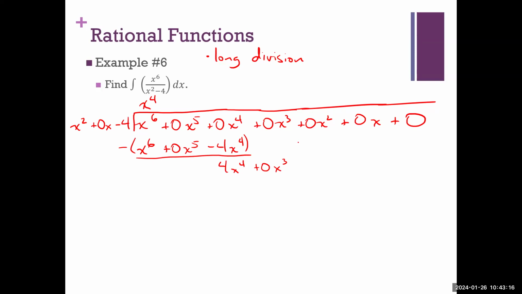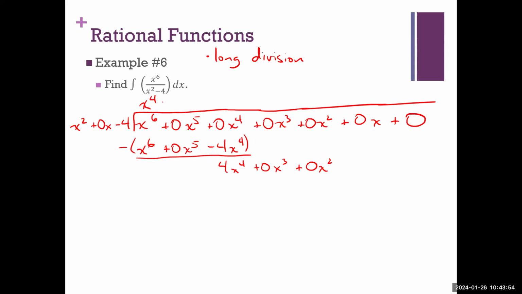All right, now what? x squared? How'd you get x squared? I don't think we're dividing x to the fourth by x squared. We don't have x to the fourth, we have 4x to the fourth, right? So remember, this thing we have now, and I think I really should be bringing down 2 terms at once, because we're dividing by a squared. Now, we're not dividing x squared into x to the sixth, we're dividing into our new leading term, which is 4x to the fourth.